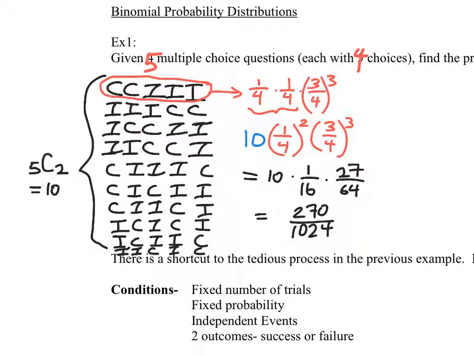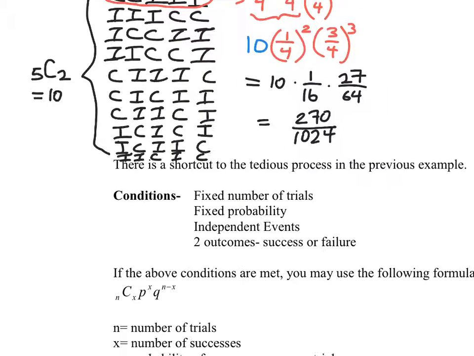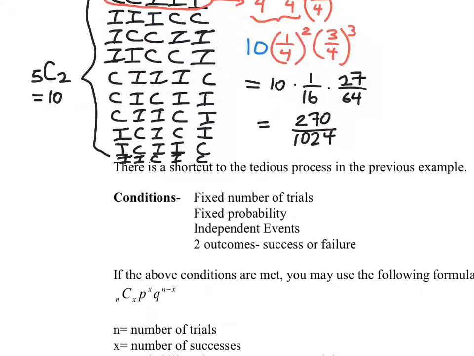So this actually is the binomial theorem, given in its most general form as nCx, p to the x, q to the n minus x, x being the number of successes, p the probability of success, and q the probability of failure. You'll see this on your AP formula sheets in a very similar fashion, except the q will be represented as 1 minus p. But it means the same thing.